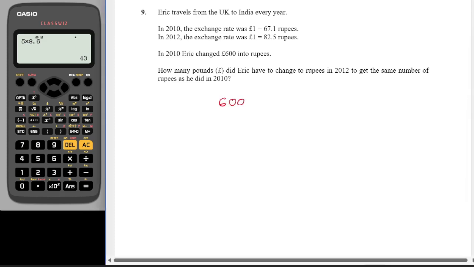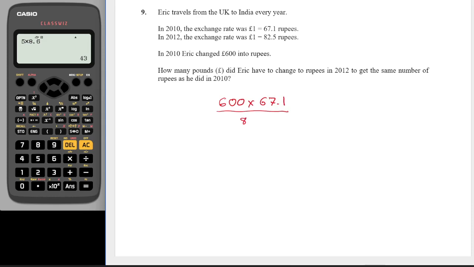I'm going to do 600 times by the exchange rate of 67.1. That will tell me how many rupees he would have got. And then if I divide it by the new exchange rate of 82.5, that will tell me how many pounds he would need to change to have the same amount of money.